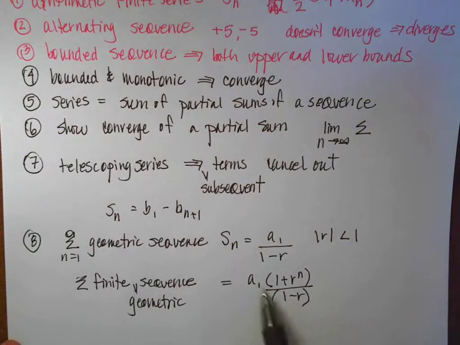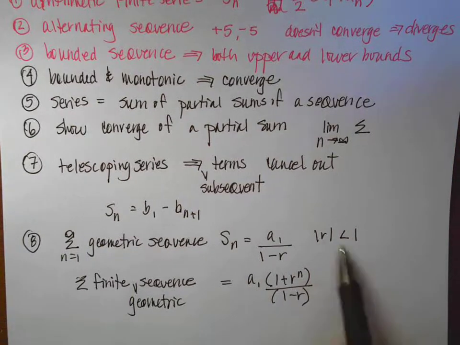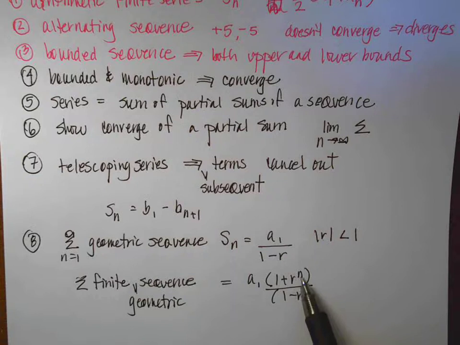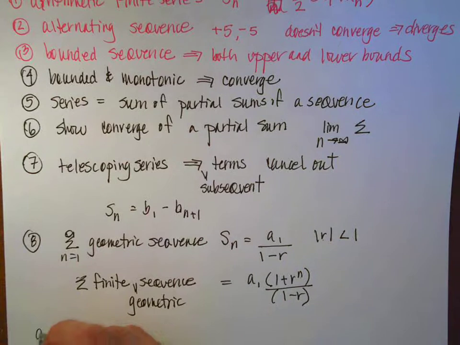It's really important to remember this is the first term of the summation, not necessarily the first term of the sequence. r is my common ratio, n is the number of terms. I think I wrote this down correctly. I'll check this and we'll talk about it in class tomorrow.